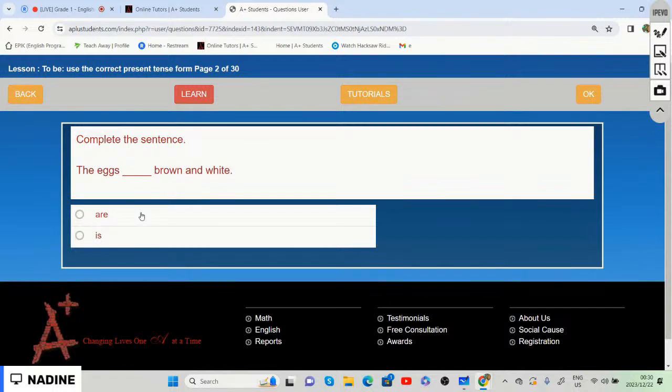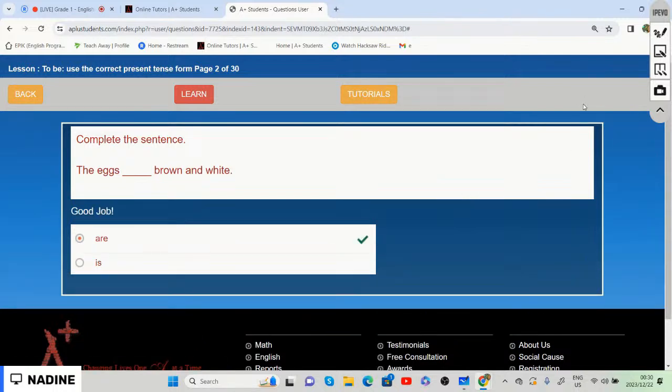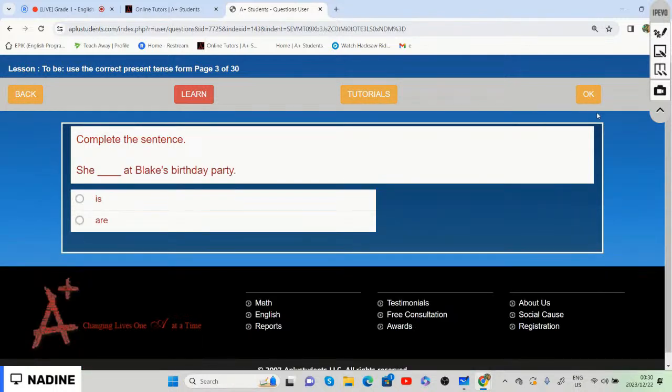If we choose the correct word to complete the sentence, we can say the eggs are brown and white because it's more than one egg. Remember, the eggs refers to more than one.